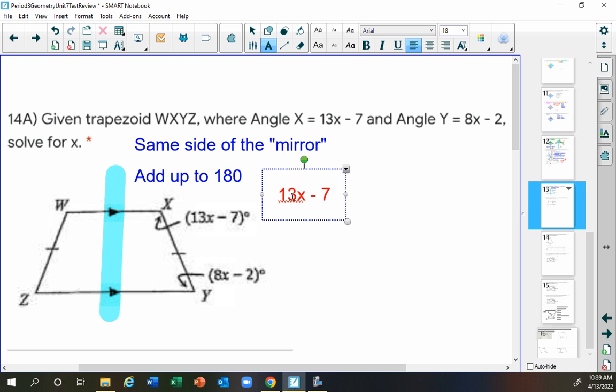13x minus 7 plus 8x minus 2 is how many degrees? So what must the sum of the two angles add up to be? Oh, you need an extra calculator? Why don't you say something? All right.